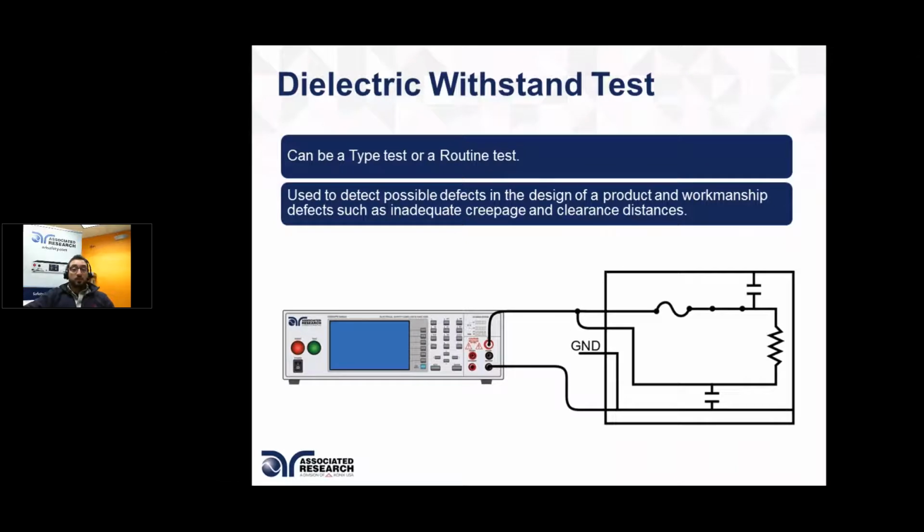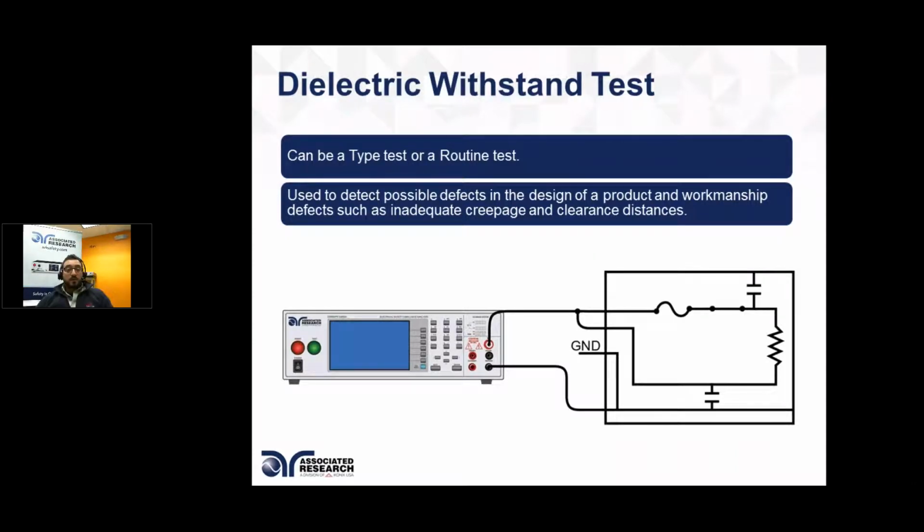So if you're running your mains to chassis HiPot test and your product is rated at 120 volts, you can do twice of that, which is 240, plus 1,000. You can use 1,240 volts, or 1.24 kV, for performing a HiPot test.